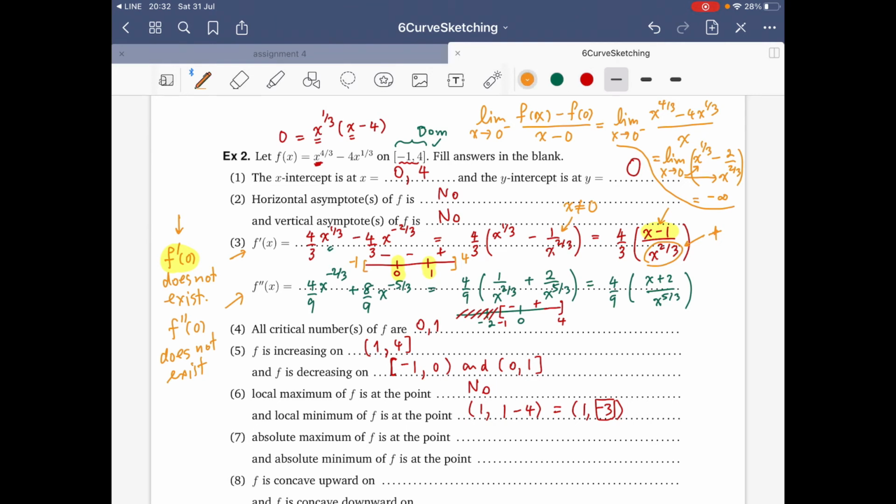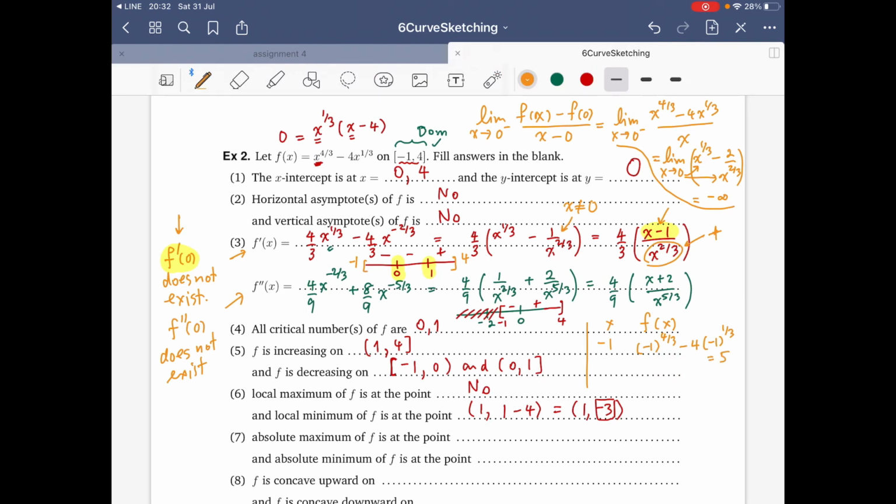So let's see the value at the endpoints. If x is -1, f of x will be -1 raised to the power 4/3 minus 4 times -1 raised to the power 1/3. So here it will be 1 plus 4, which is 5.